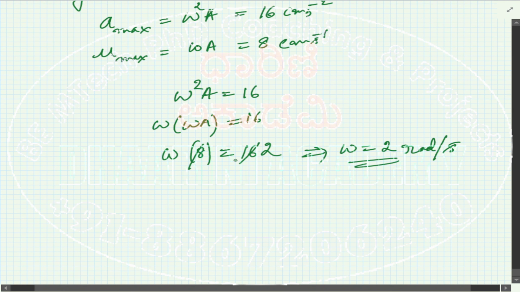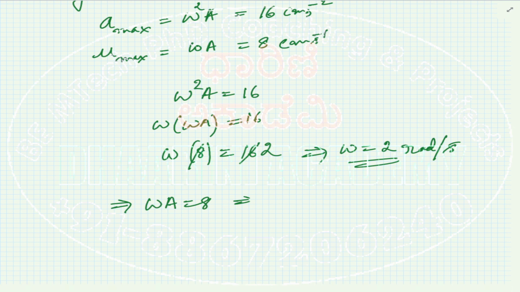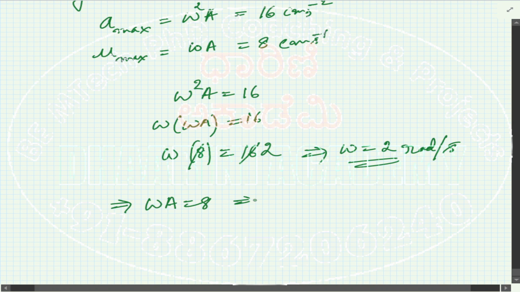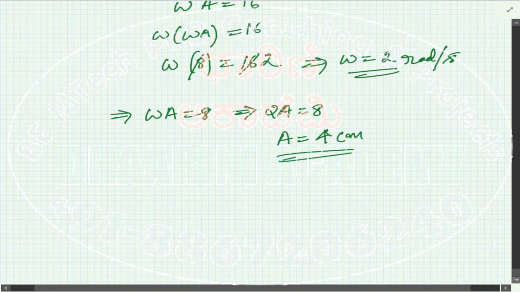So when I know this, I can actually calculate the amplitude. Omega a is 8. This implies 2 times the value of a is 8. So a is equal to 4. This is centimeters. So the question is to find the amplitude. We got that. And now the question is to find the time period.